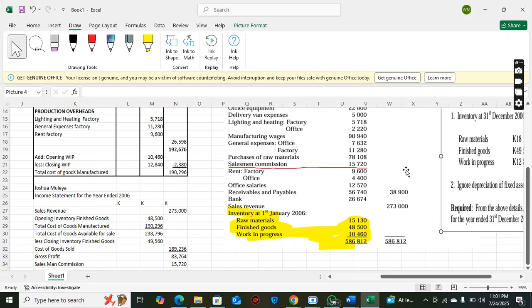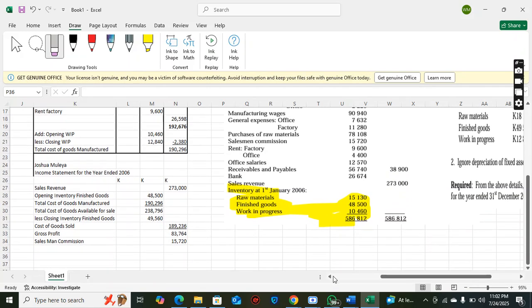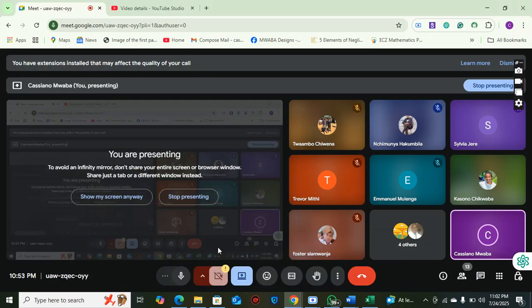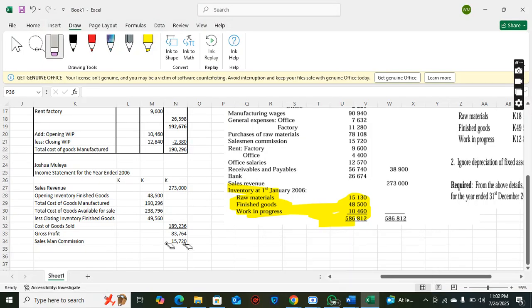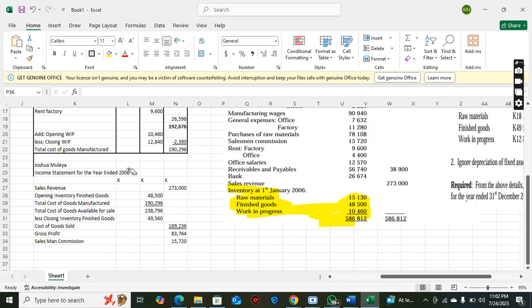But I've thought about it. They usually put received with this type of question so that you know that it's income. Sorry, colleagues, about that.